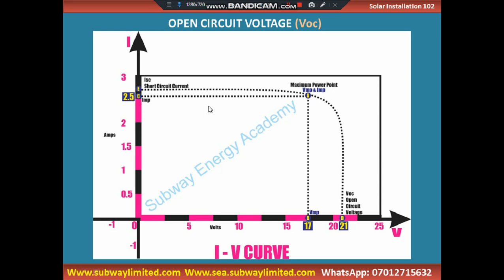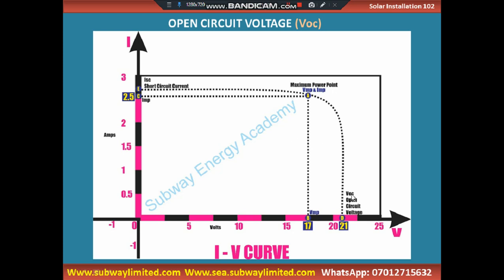And you should always know that the voltage at maximum power, because this solar panel is under a load, is always less than the open circuit voltage.